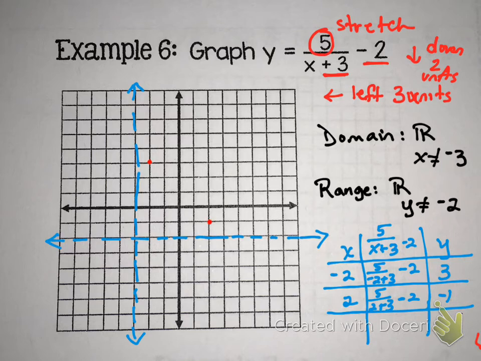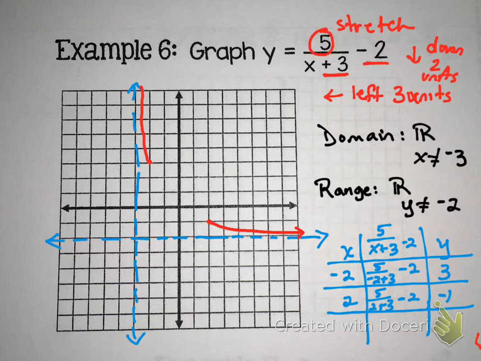Those are kind of far apart, but I know that from that point, my graph is going to go towards the horizontal asymptote. It's going to be coming down from here.